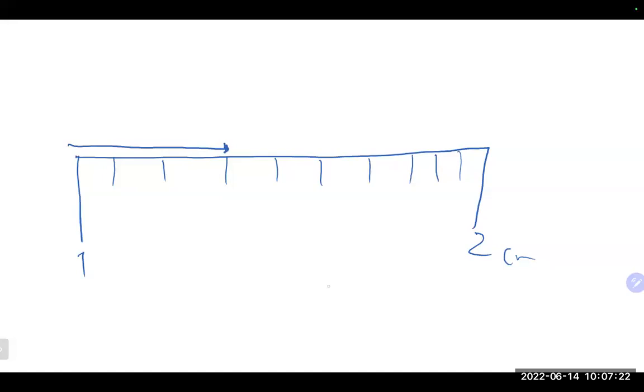Each of the smallest markings is going to be 0.1 centimeters here. Once again, this would be 1.1, 1.2, 1.3, 1.4, and so forth. In this particular case, we look at my arrow and it feels like it is dead on the 1.3 mark, right? So what should I record in this case?